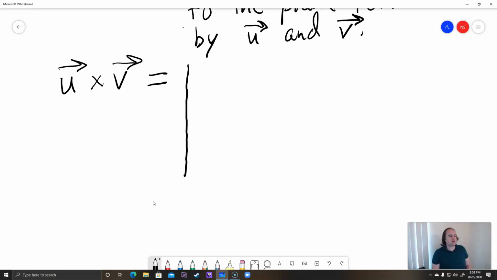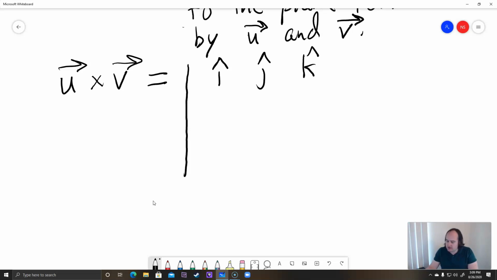It's actually the determinant of the matrix, and it's a 3 by 3 matrix, which means it has 3 rows and 3 columns. The first row is i, j, and k. Those are the unit vectors in the x, y, and z direction. And then your last 2 rows of the matrix are going to be the coordinates of your vectors.